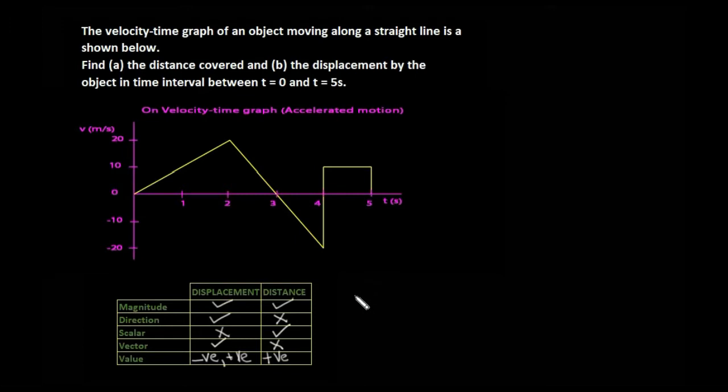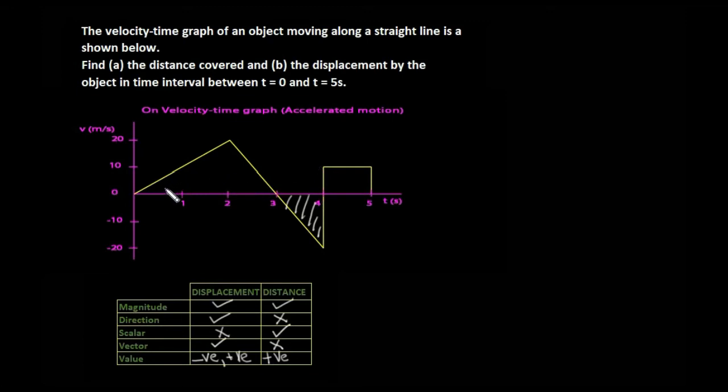Now, taking this into consideration, we'll see how the displacement between 3 seconds and 4 seconds of this velocity time graph matters.